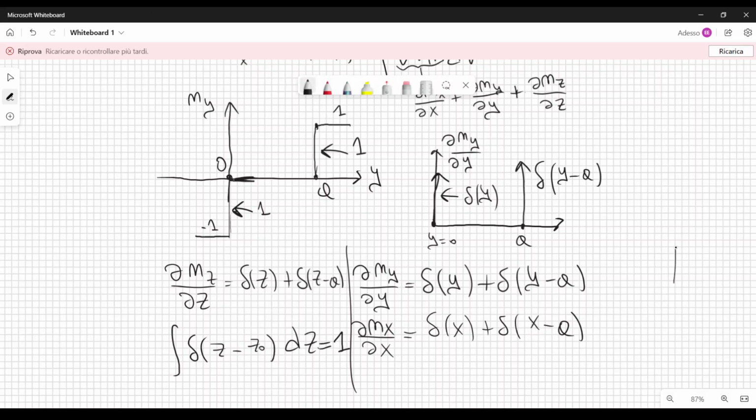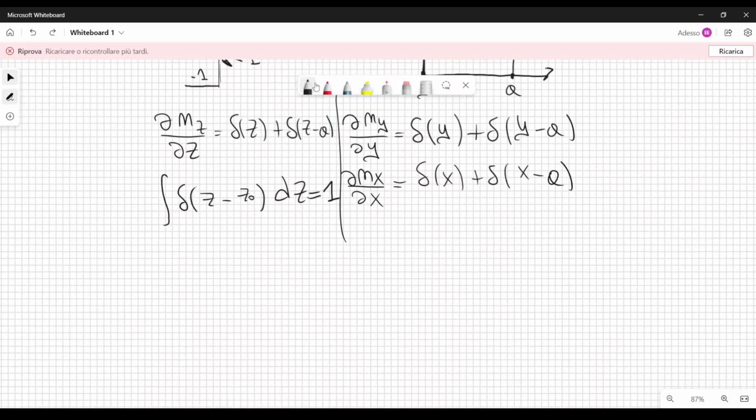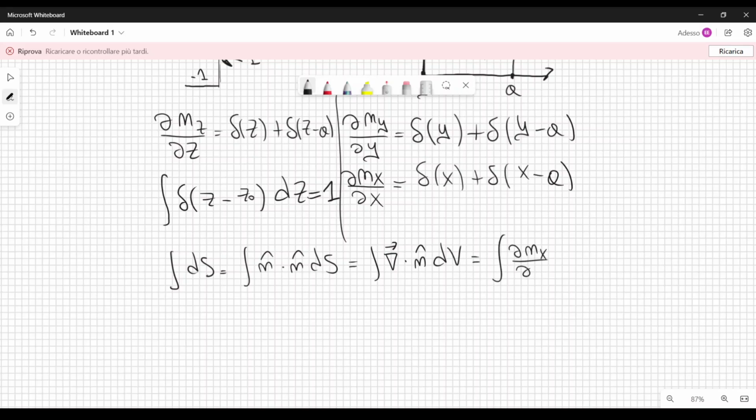And now we can rewrite our integral, our divergence theorem. So we have the integral of n dot n ds equal to the integral of the divergence of n dv, which is equal to the integral of dnx over dx plus dny over dy plus dnz over dz dv.